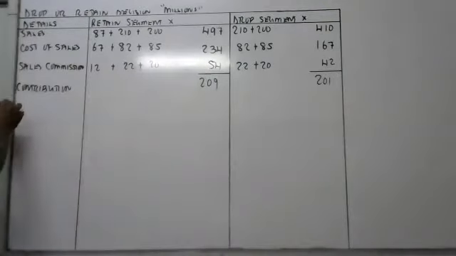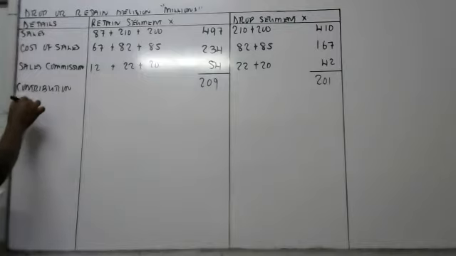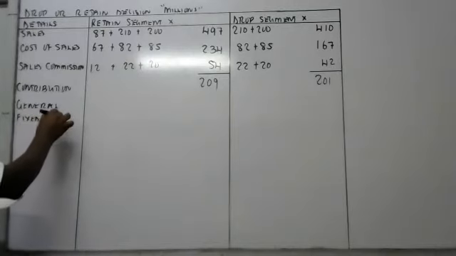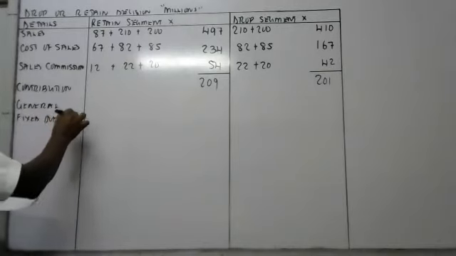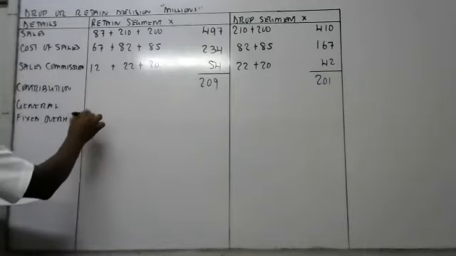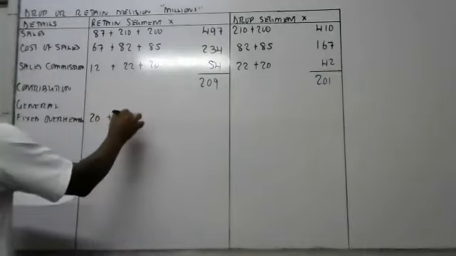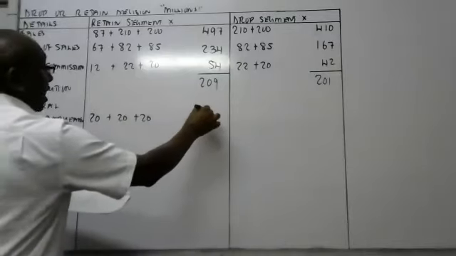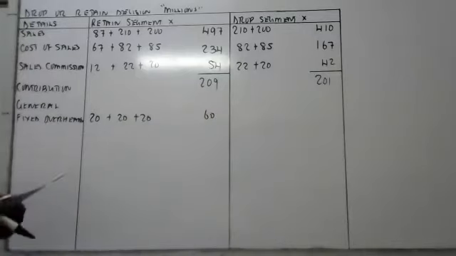Then put the general fixed overheads. Now, general fixed overheads, if we retain, we have 20, 20, 20. So 20 plus 20 plus 20, that is 60.